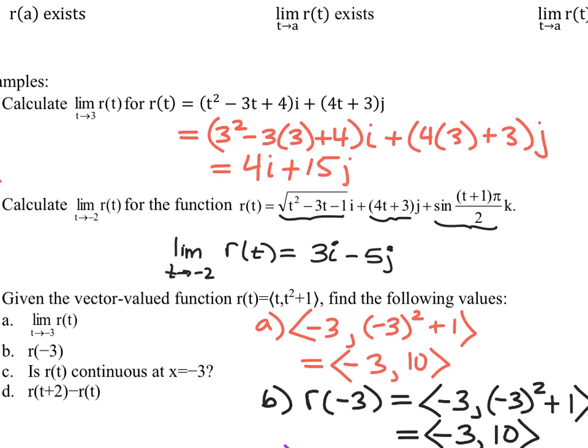And then the last part is a trig function, but that's nothing too crazy, because if I plug negative 2 in, I'm going to get negative 1 on top, so I'm looking at the sine of negative pi over 2 by unit circle trig rules. That's going to give us a negative 1, so negative k.